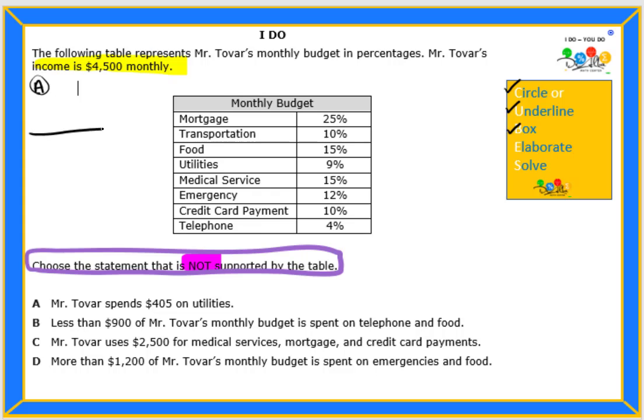In letter A, in our proportion, the part to total, the part that we want is utilities.